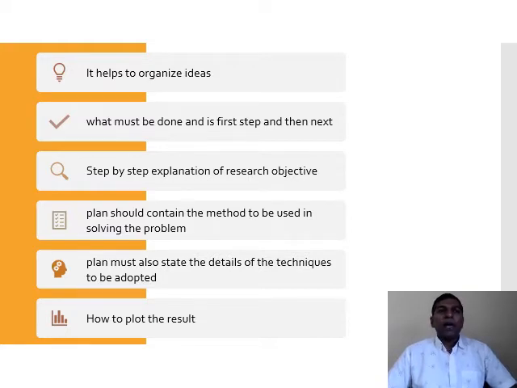Then, the plan must also state the details of the technique to be adopted. This plan is for ourselves. We ourselves will make sure that the plan fits the current stages or current requirement of the project. When we plan a particular step, before starting execution of a project, we may know that this particular method or this particular equipment is needed.